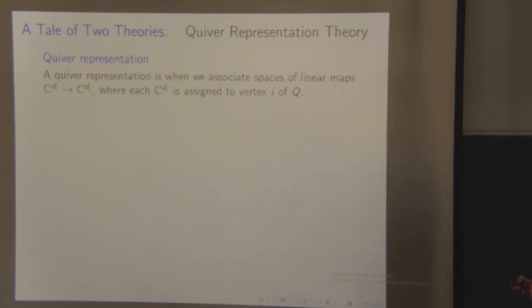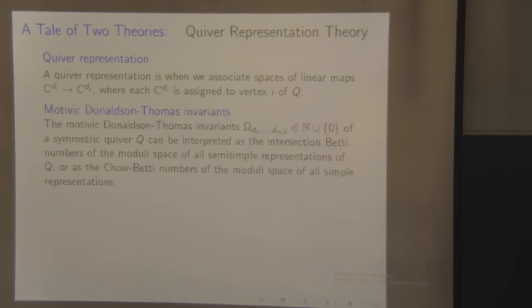So quiver representations are when we associate vector spaces and linear maps between vector spaces, or homomorphisms, to each vertex of the quiver. Then the question in quiver representation theory is how to classify these maps.